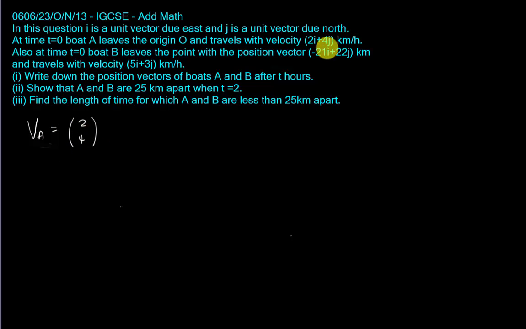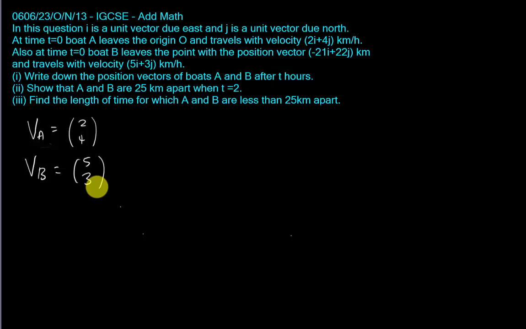Of course, you can still write 2i plus 4j, it's the same thing. And at time t equals 0, boat B will leave the point with the position vector negative 21i plus 22j and travel with velocity 5i plus 3j.